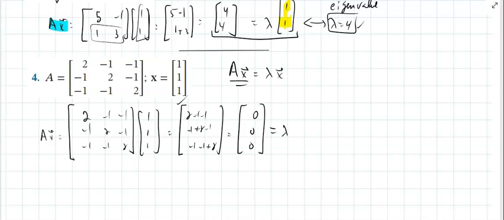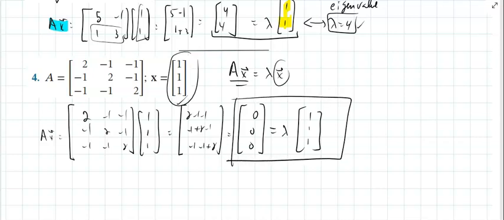I'm going to set that equal to lambda times the vector. And what do you think lambda should equal so that those two are equal? So we're solving this equation. Well, doesn't that indicate that lambda must be 0?